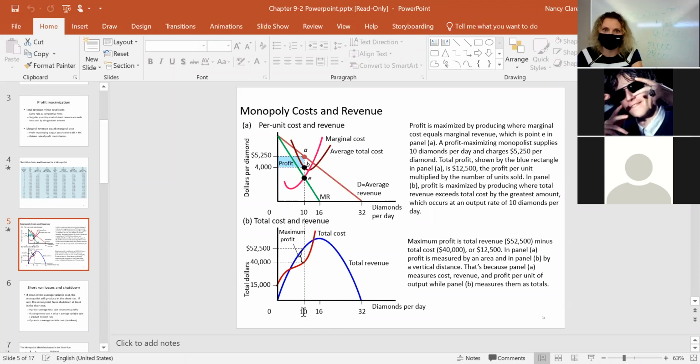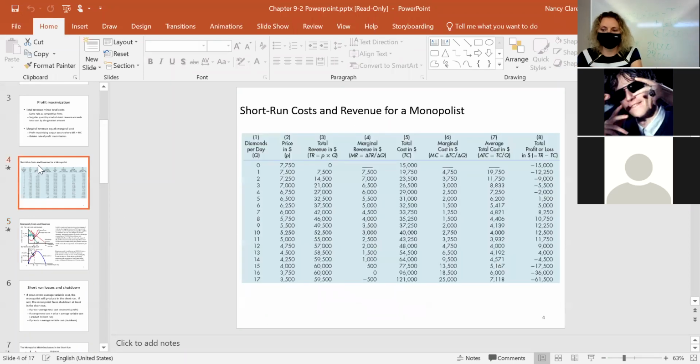You already know it should happen at a quantity of 10, right? And the total cost here is 40,000. The total revenue is 52.5. You subtract the two. Total revenue minus total cost, you get total profit, which is going to be 12,500. The same number we found up here and the same number that you saw back here, 12,500.